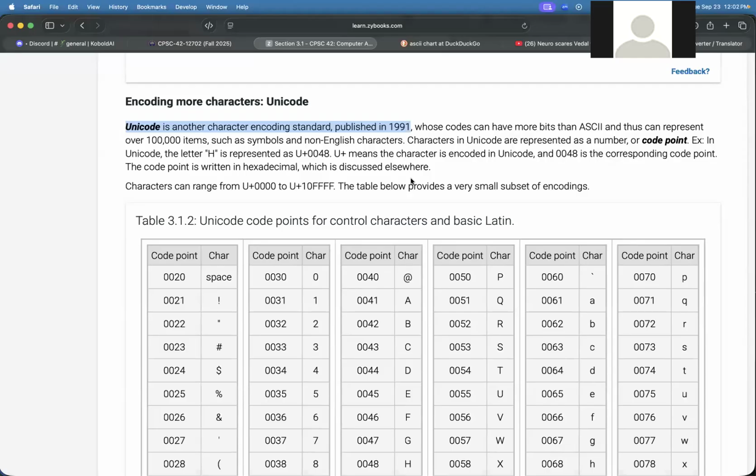There's an 8-bit Unicode format, there's 16-bit Unicode formats, etc. If you had a 16-bit Unicode format, you could store 65,000 characters. But there's no definition for which 65,000 characters we're going to store. They don't have that. So there are a lot of different versions of Unicode.